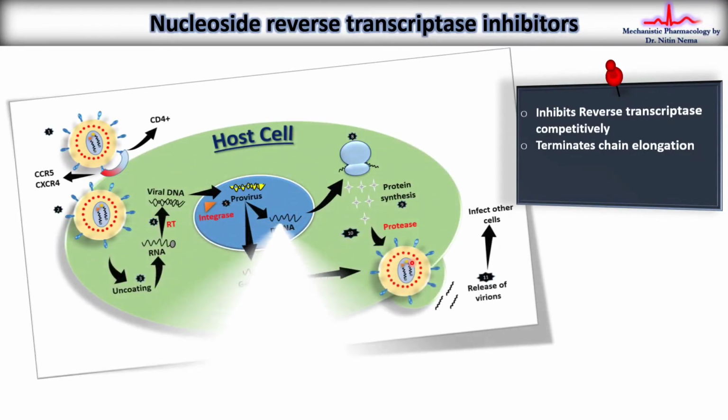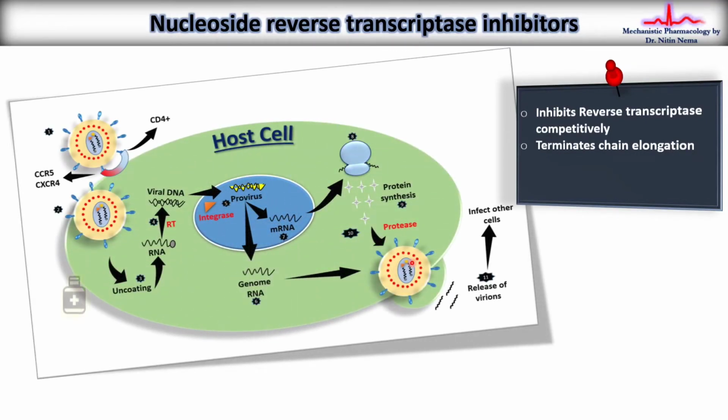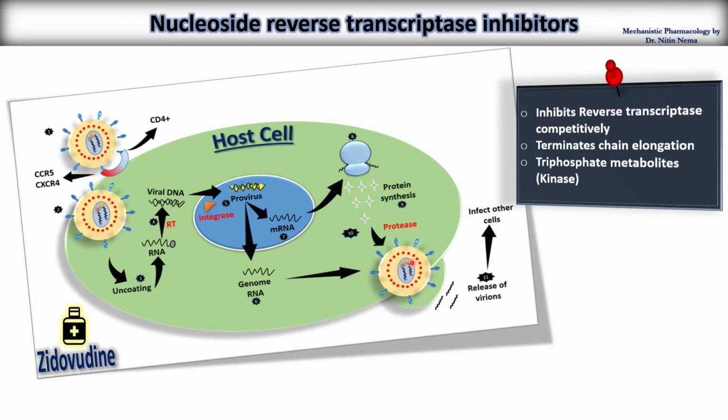It is one of the prototype thymidine analogs, and it is phosphorylated by cellular enzymes to its triphosphate metabolites which inhibit the enzyme reverse transcriptase, and therefore it terminates the elongation of the chain.